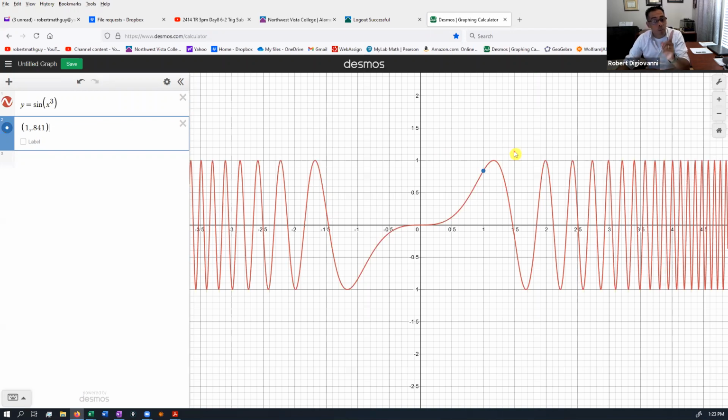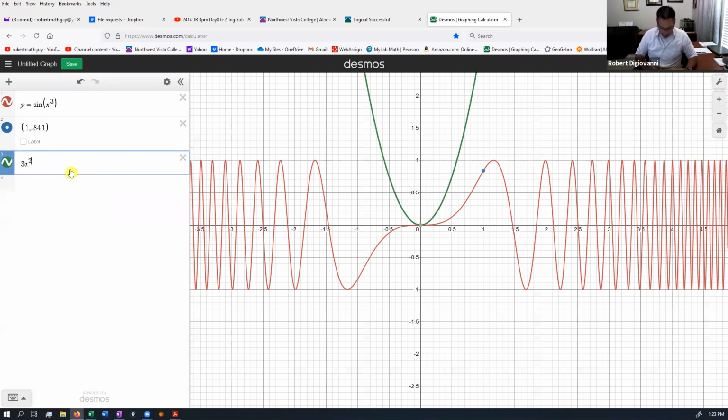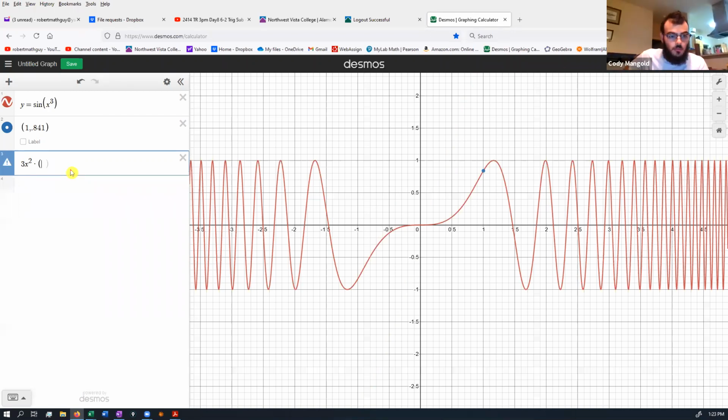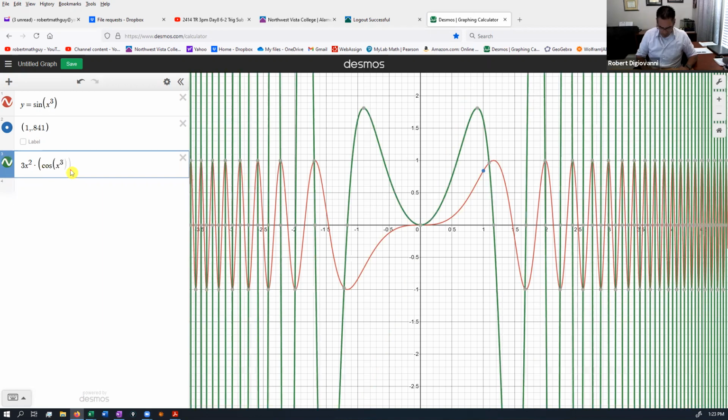If I want to know just the slope, not the equation, you'd plug 1 into the derivative, right? And whatever that answer is, is the answer. Okay, so what was our derivative? Our derivative was 3x squared times cosine of x cubed. That should be it right there.